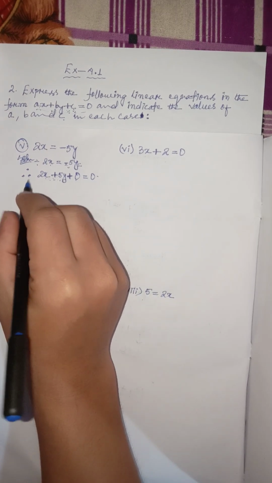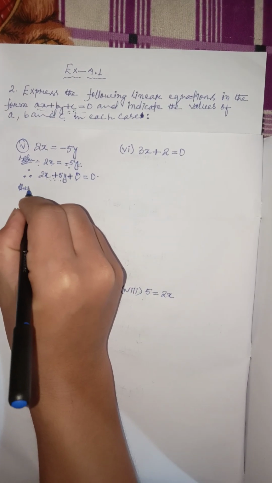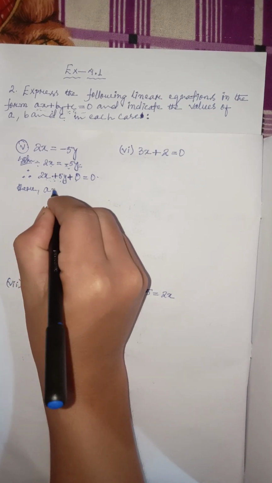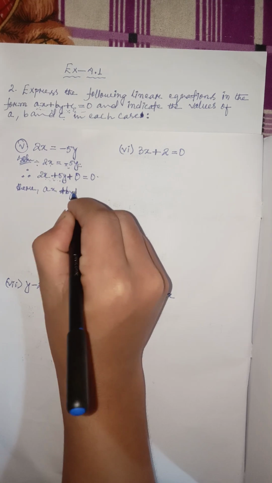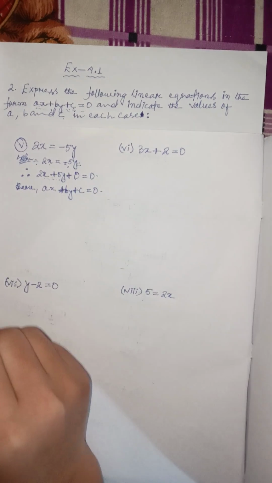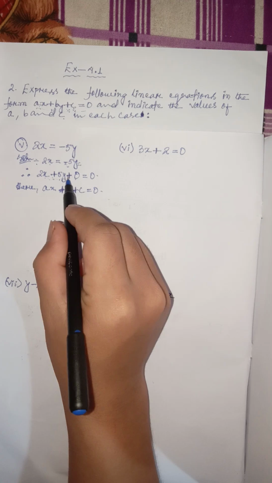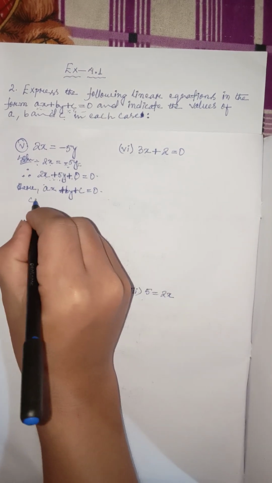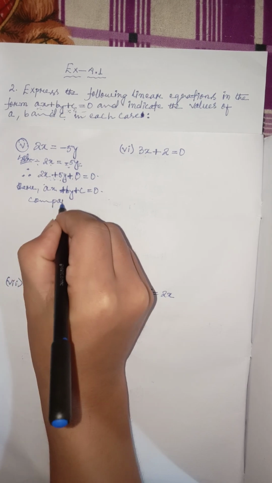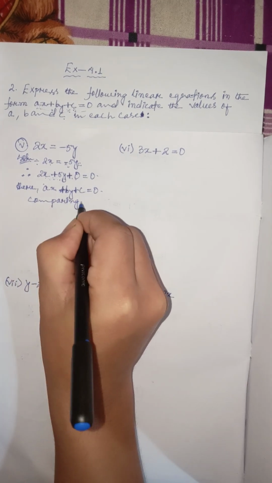Now what is the general equation? Your general equation is ax + by + c = 0. Now actually these two are in the same form, so let us compare them. Comparing.